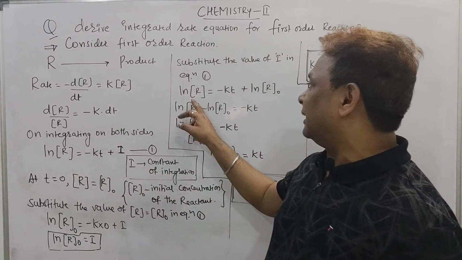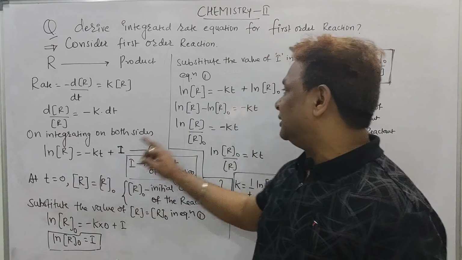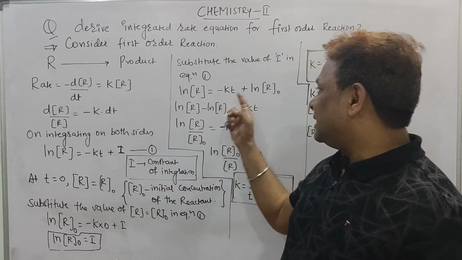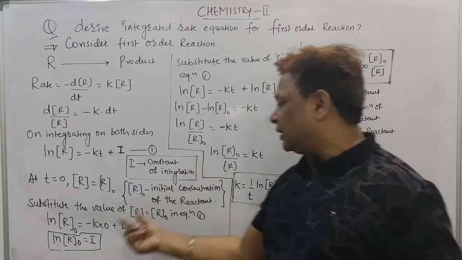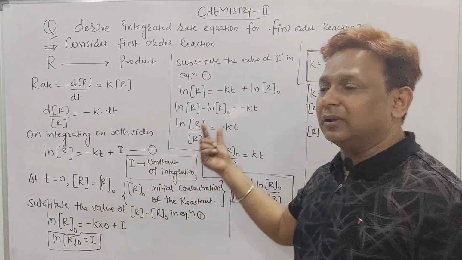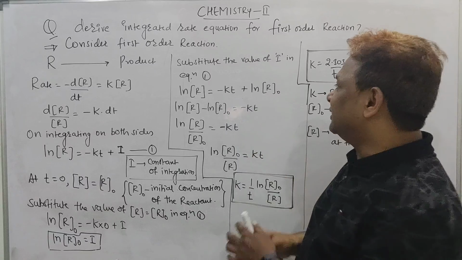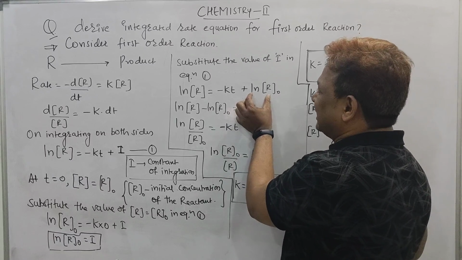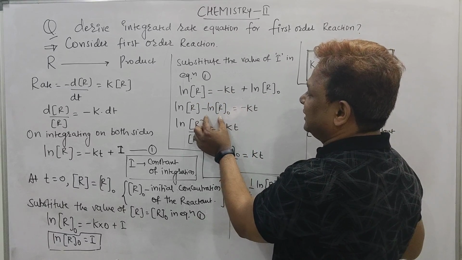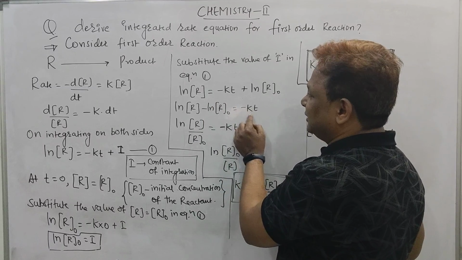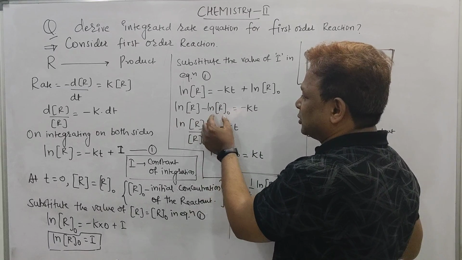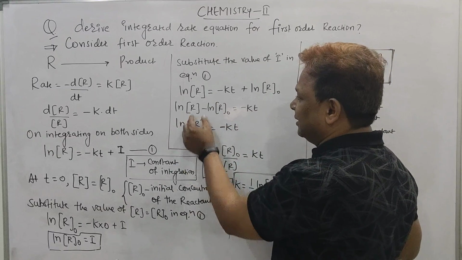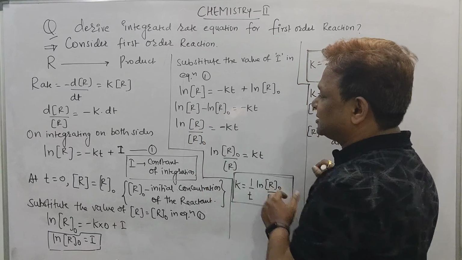In equation 1, ln R equals minus kt plus I, but in place of I we write its value, ln R naught. Then ln R naught comes to this side and becomes minus ln R naught, equal to minus kt. Log A minus log B becomes log A by B, so ln R by R naught equals minus kt.